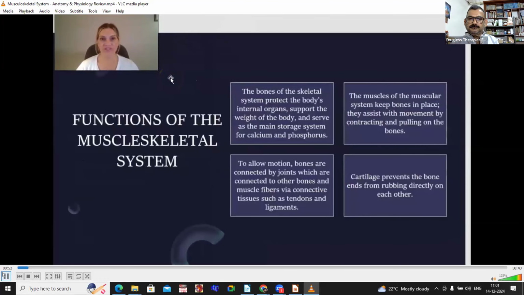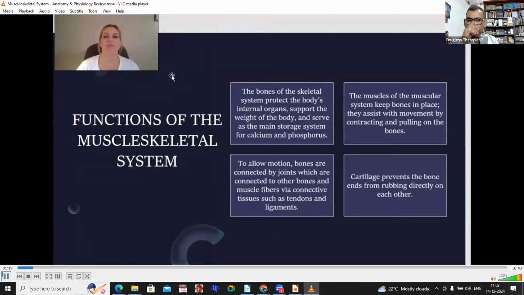So some functions of the musculoskeletal system include: the bones of the skeletal system help to protect the body's internal organs and support the weight of the body, and it serves as the main storage system for calcium and phosphorus. And then the muscles of the muscular system keep bones in place.